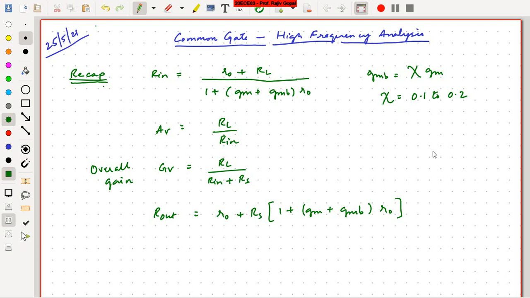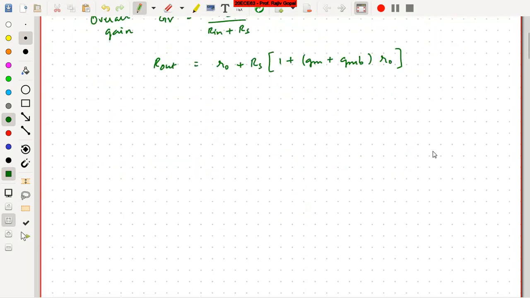Now we'll be moving on with the frequency analysis part. The high frequency analysis, wherein we'll be considering the terminal capacitances, for example CGD, then CGS, and finally something called CL. So I'll draw the circuit diagram here.